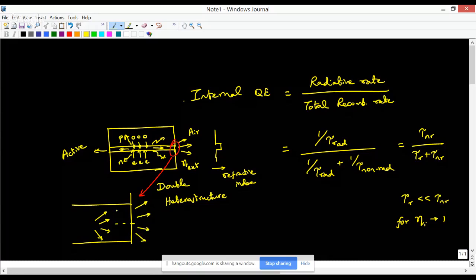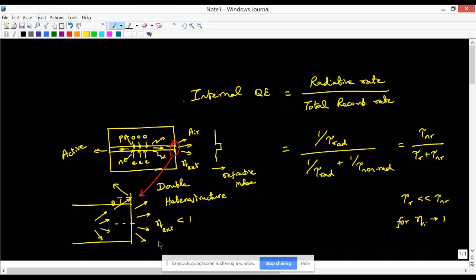Or in other words, if this photon is incident over here at an angle theta which is greater than the critical angle for this particular interface, then light is just reflected back into the structure. So it's not emitted. And once that reflection happens, it may be absorbed within the structure itself. So that light does not go to the external medium, and that is why we have an eta external which is typically less than 1. Okay, only a fraction of those photons escape.